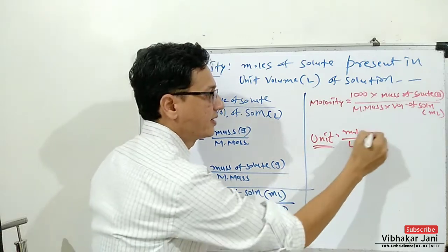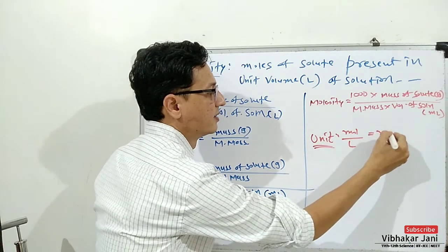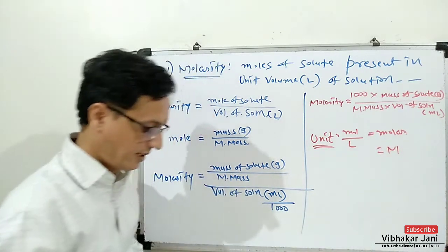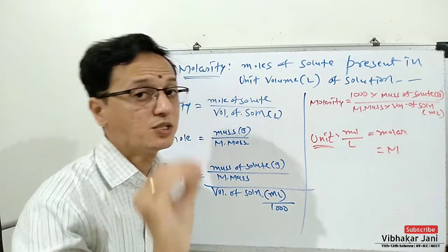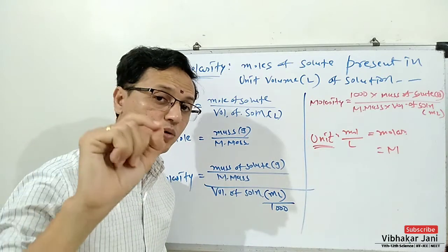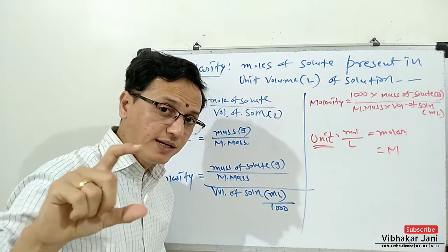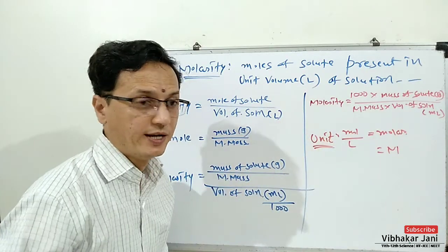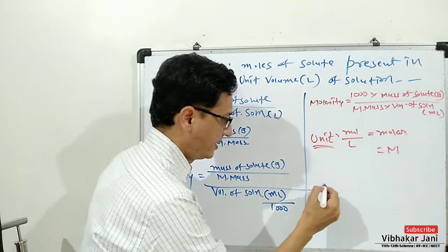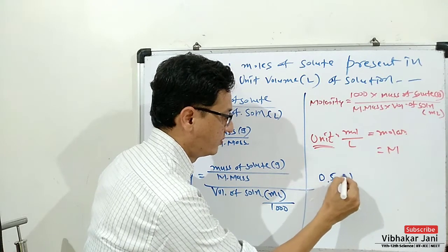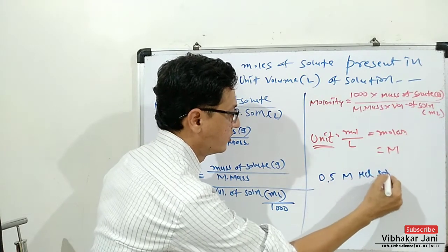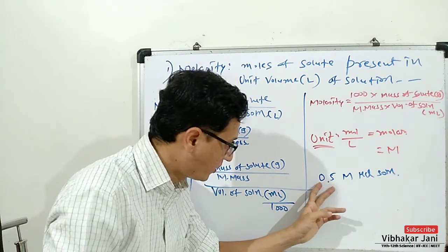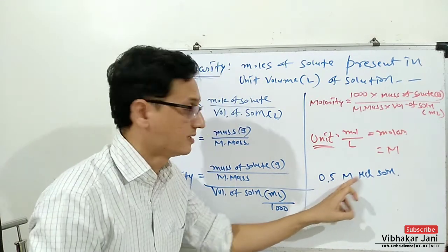and mole per liter is also called molar, and it is denoted as capital M. So capital M means molar. So symbol for molarity is M, and symbol for the unit of molarity is also M. Suppose if somebody writes 0.5 M HCl solution, that means it is talking about 0.5 molar HCl solution.